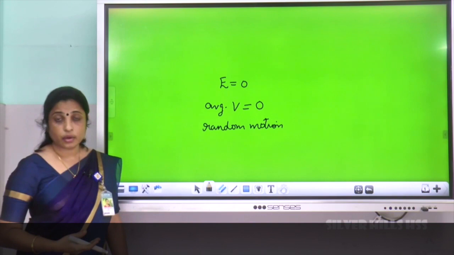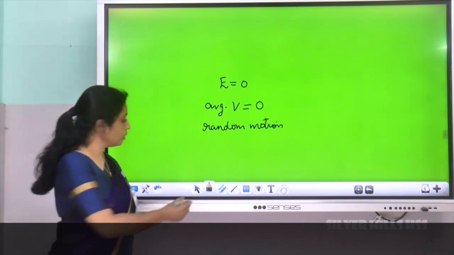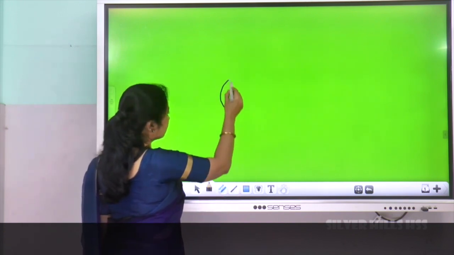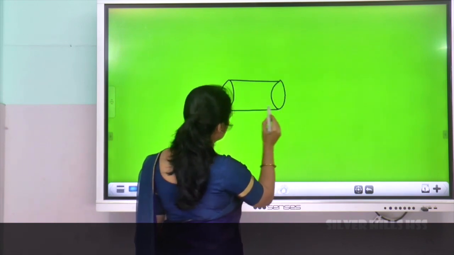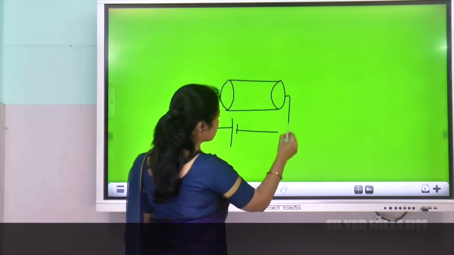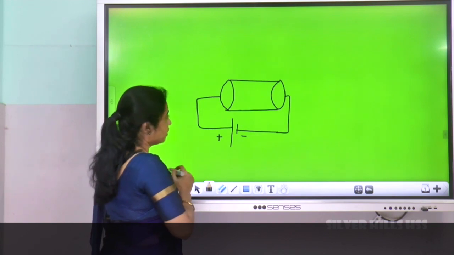Now let's see what happens when an electric field is applied. When you apply an electric field to a conductor, that is, this is the conductor, you are applying an electric field to this conductor by connecting it to a battery. This is the positive of the battery and this is the negative of the battery.